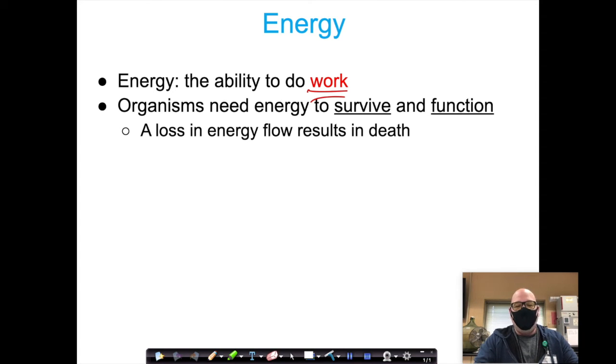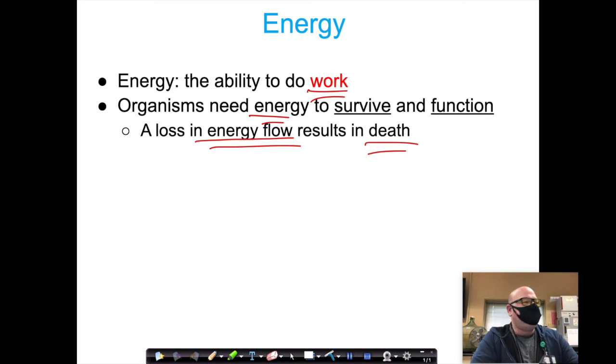Let's talk a little bit more about that on a biological level. All organisms need energy to survive and function. And this is mainly because we're taking things out of the environment that are disorganized and we're organizing them. Okay? Any loss of energy long term is going to cause death.